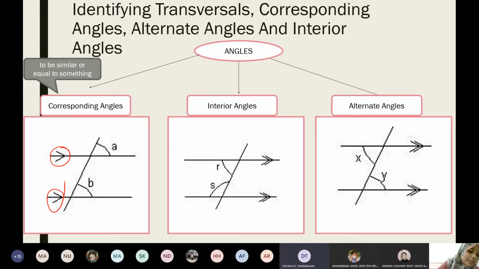Okay, so kalau kita tengok kat sini, F kita adalah F yang terbalik. Nak buat F yang bentuk macam lain pun boleh, tapi between A and B, these are the F. Interior anglesnya, ni kita punya U, alternate angles adalah Z.